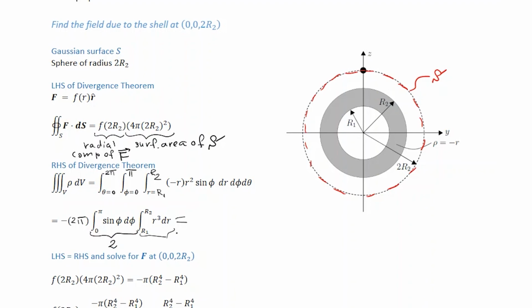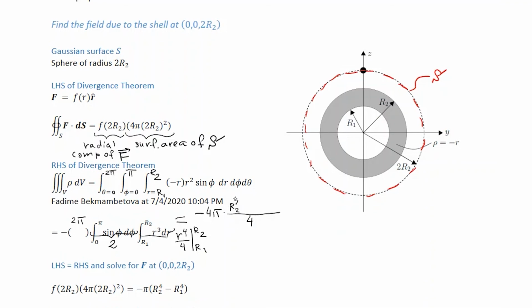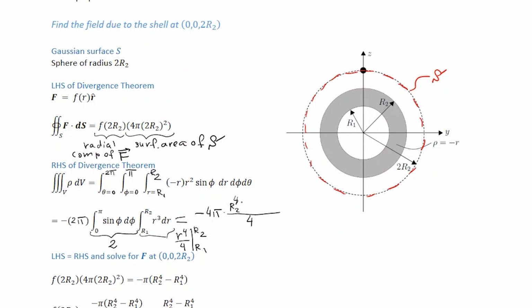This is equal to r to the 4 divided by 4 from r1 to r2. So we get negative 4 pi times a fraction over 4, and here we have r2 to the 4 minus r1 to the 4. And these 4 and 4 cancel.